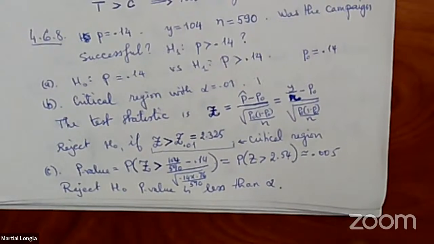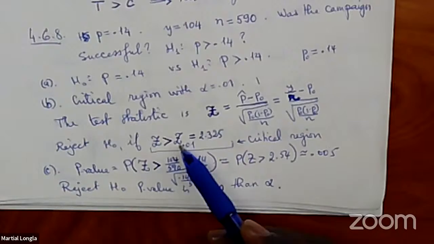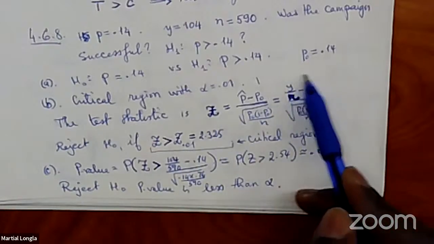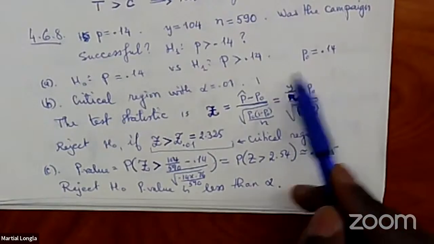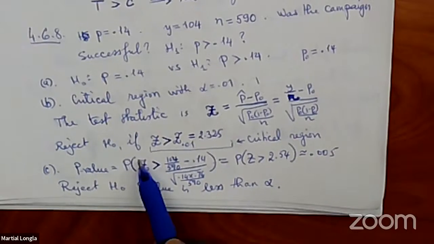And the last part of this question is asking you to find a p-value. So what we call the p-value is the probability of the extreme case, which is the observed value. The observed value of your Z is this, so you compute that observed value and you try to find the probability that your standard normal is larger than that value that you compute based on the data.